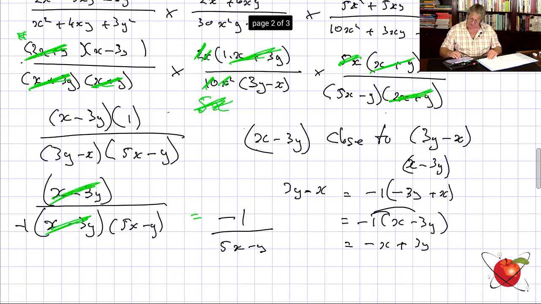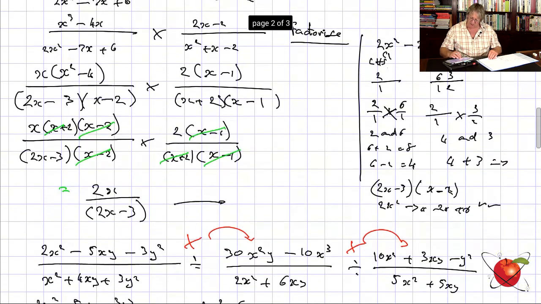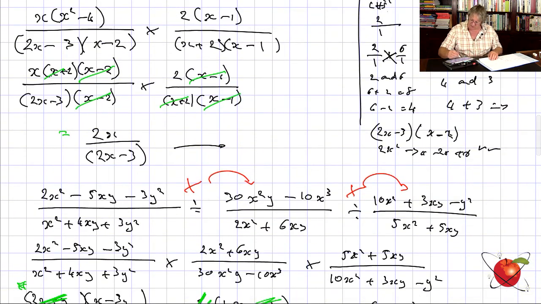On the previous one that we had over here, can you see that that over there is 2x over 2x minus 3? Wow, look. Hey, great. Can I do this? No, because there's a minus sign over there. Okay?